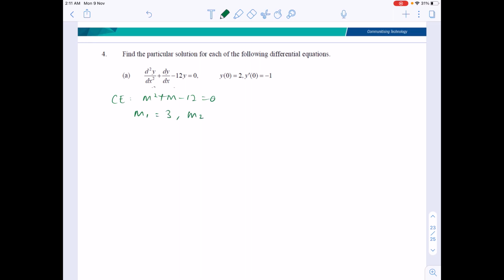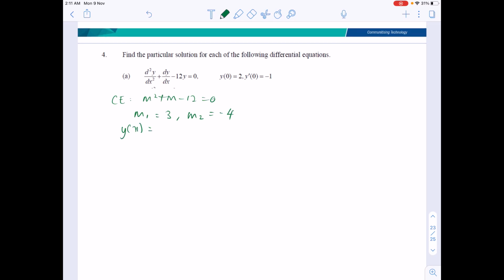This is case number 1, real and distinct. So we can just write y equals a e^(3x) plus b e^(-4x). We don't need to write y of x, we can just write y only. This is the general solution.